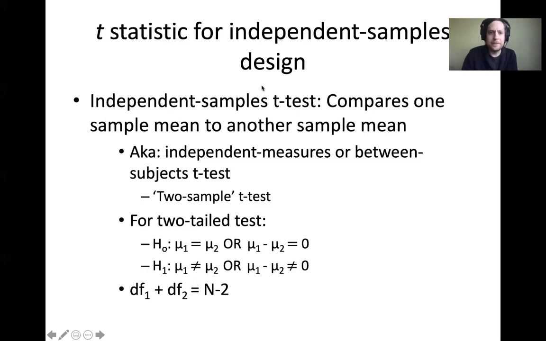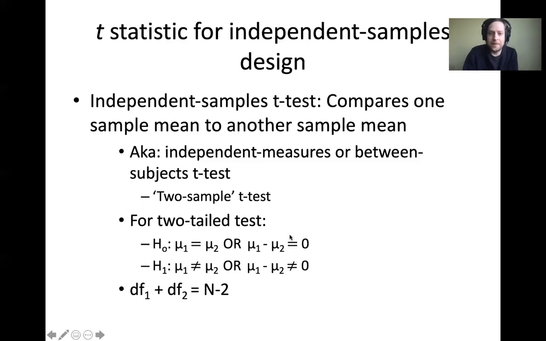So the null hypothesis for an independent samples t-test is shown right here. There are two ways to state it. Mu1 equals mu2. In other words, the mean of sample 1 is the same as the mean of sample 2. Another way of saying that is that if you take one mean minus the other, the difference should be 0.